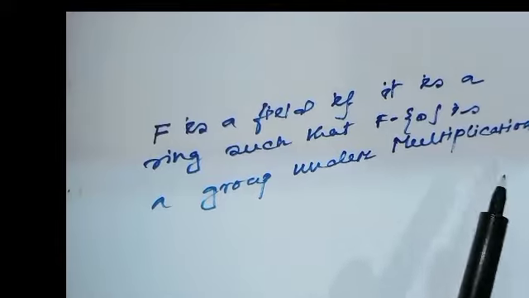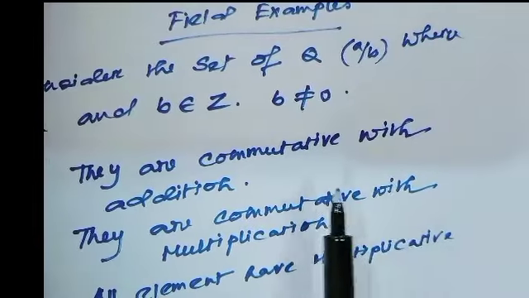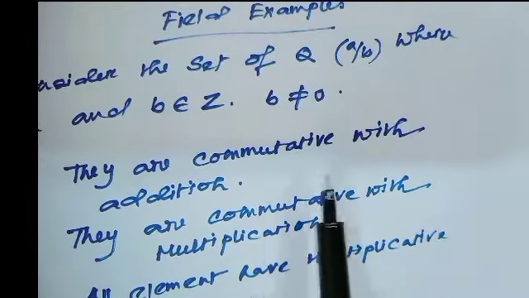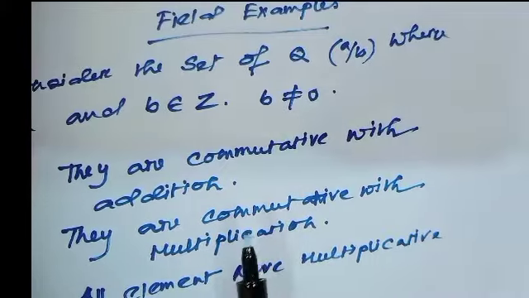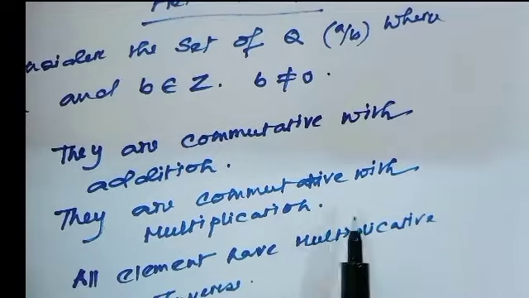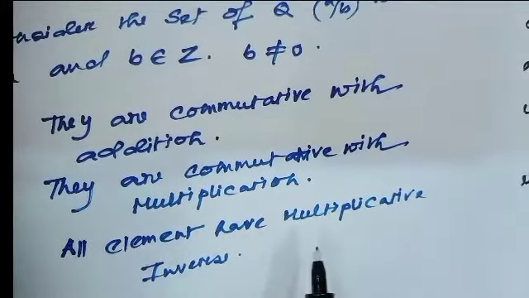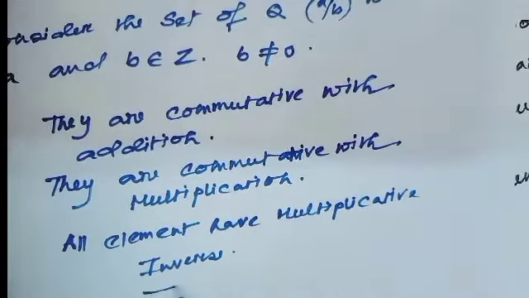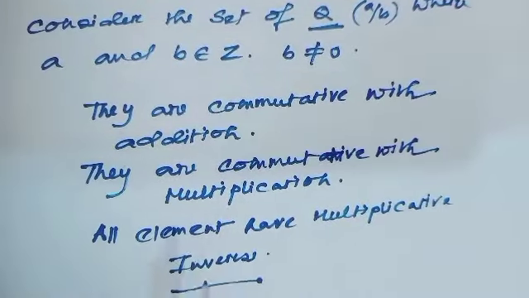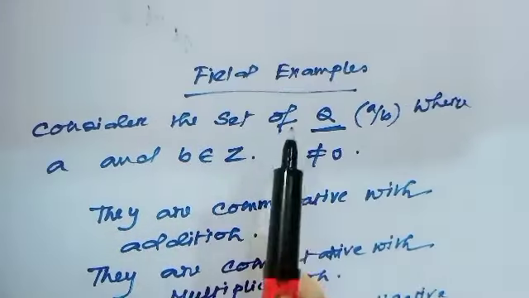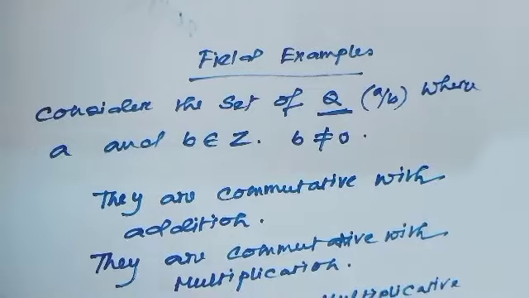under multiplication. Consider the set of rational numbers. Obviously they are commutative under addition. Also they are commutative under multiplication. And every non-zero element has a multiplicative inverse. So the set of rational numbers is a field. Okay?